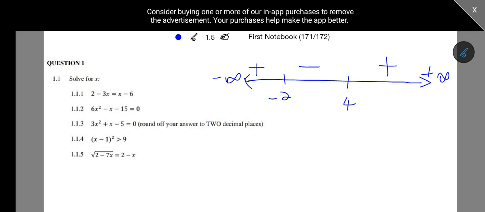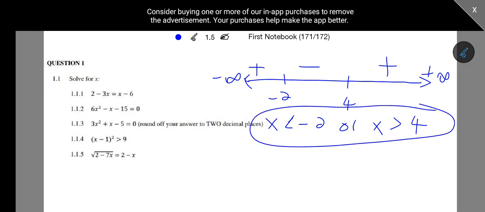So you must say that x is less than negative 2 or x is more than 4, but we don't include the boundaries. So that is the solution for 1.1.4, right?